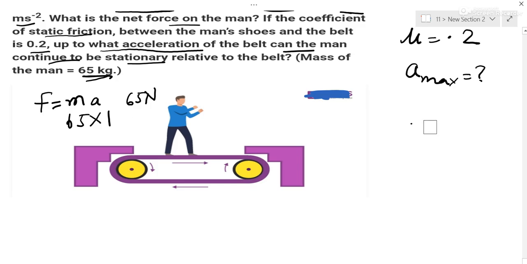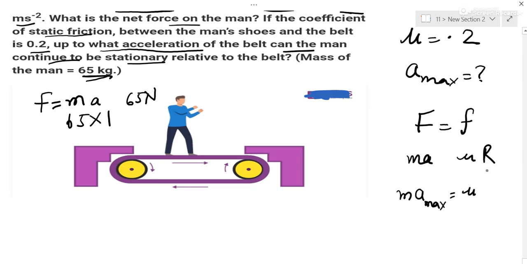So you know that force is equal to mu R, normal reaction. As long as the applied force is equal to the frictional force, it will be stationary. So frictional force can be written as mu into R, and this can be written as mass into a max, acceleration max. This R is mg, you know it from this diagram.